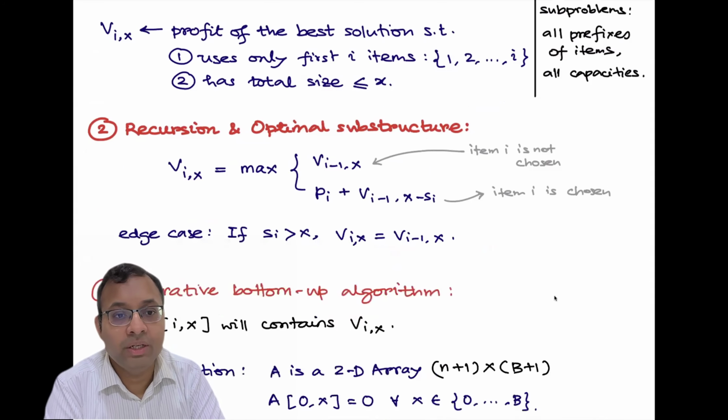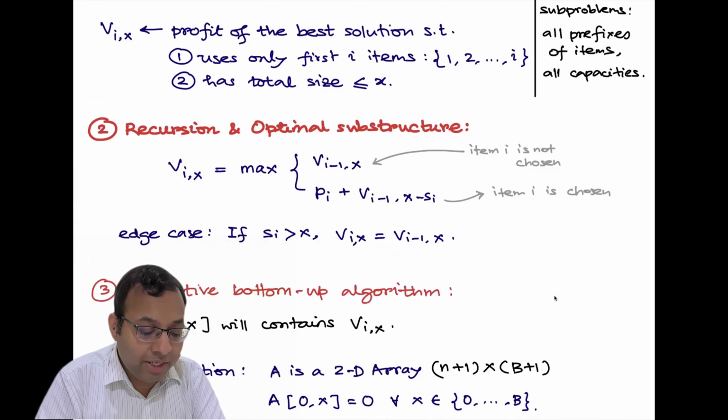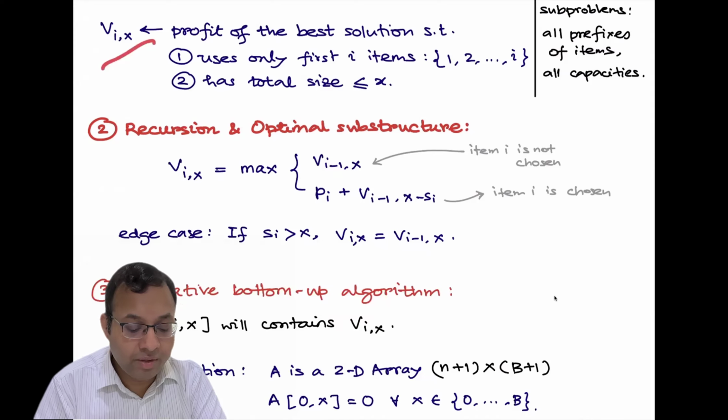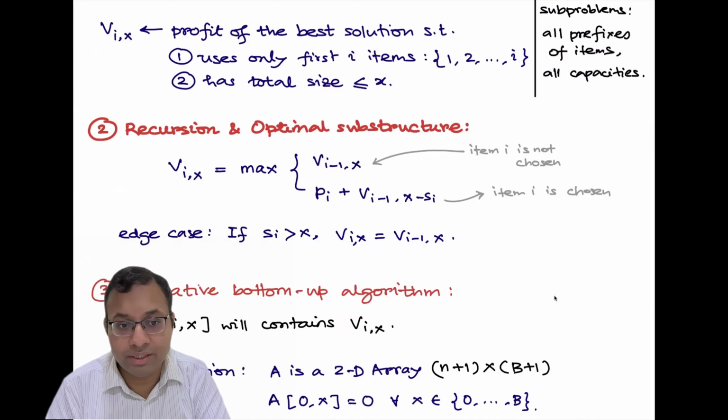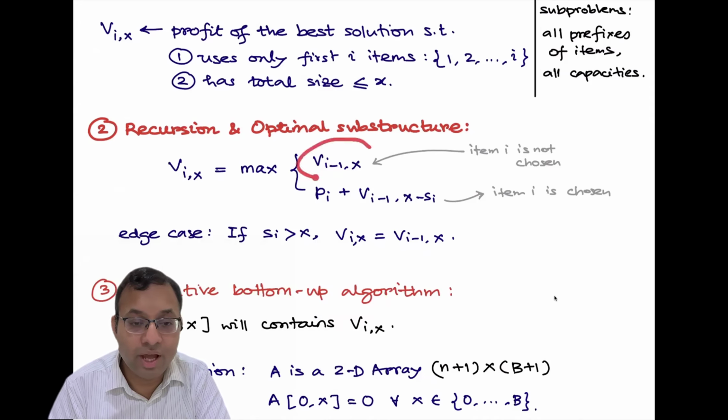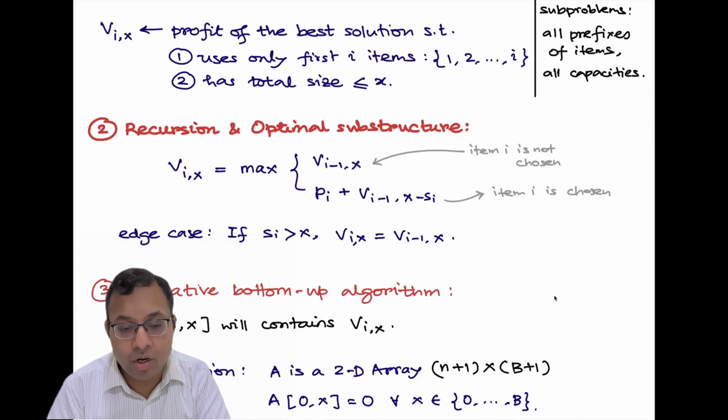So this is the recursion, and we define V(i,x) as above. If I don't take item i, then it is the same as choosing items from the first i minus 1 items, because item i is not there, so it's just V(i-1,x). On the other hand, if we choose the item, we already obtain a profit of p_i from item i.